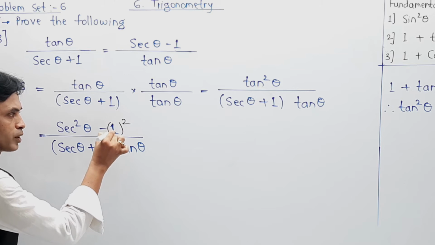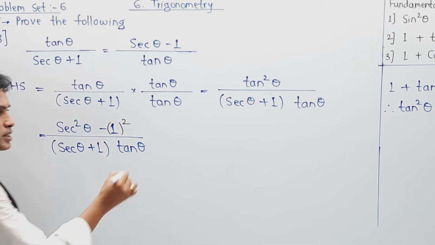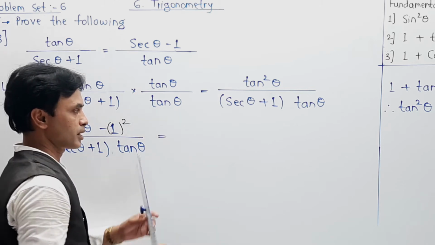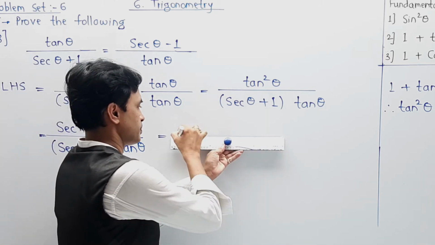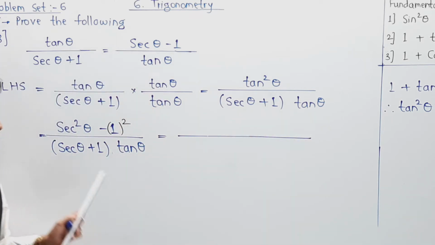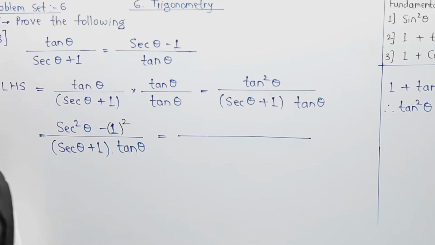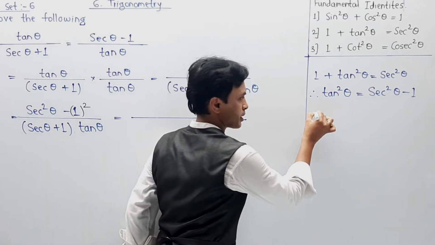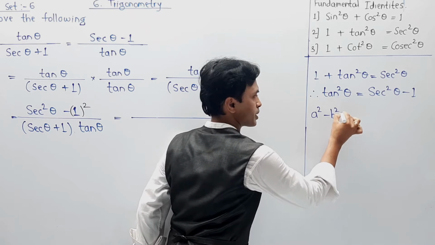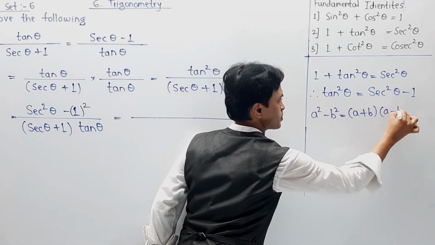So the factors: it is sec square theta minus 1 square, just simple like a square minus b square, whose factors are a plus b into a minus b.